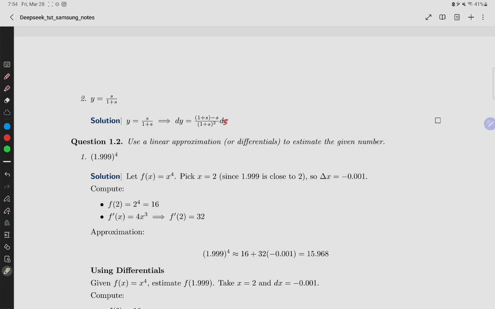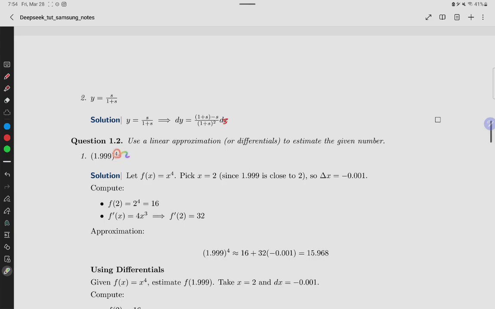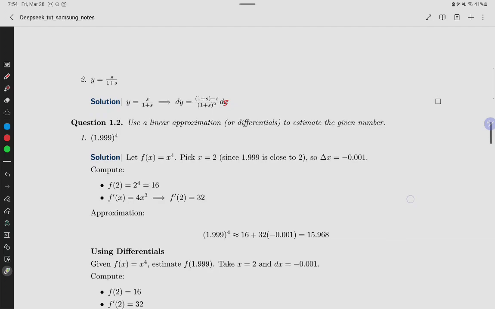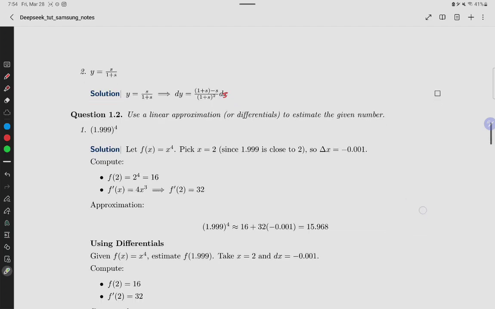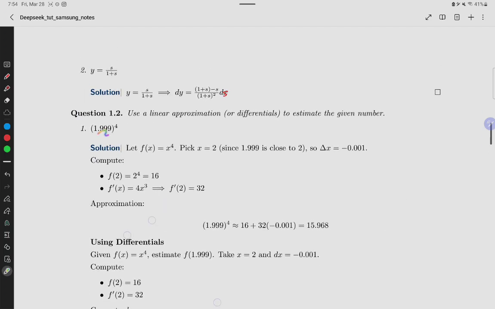lengthier task. But sometimes the power is way bigger, like 44, 144, or 100, in that case linear approximation will be much more helpful if you don't have the calculator. Anyways, since we need to find a number raised to the power 4, what will we do?